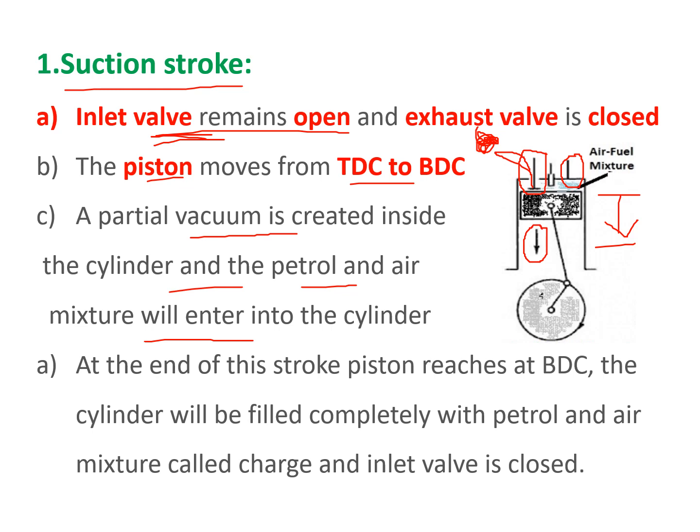Okay, now the piston is moving downward, the fresh charge enters the cylinder, and at the end of this stroke the piston is at the BDC. What happens? The cylinder is completely filled with the petrol air mixture, which is also known as the charge, the fresh charge. And then at the end of that stroke the inlet valve also closes, and this is the suction stroke.